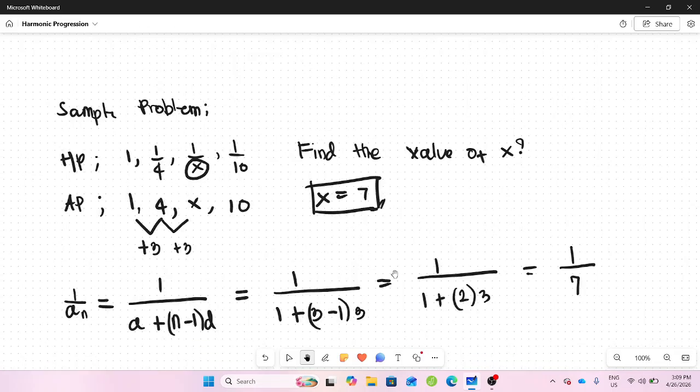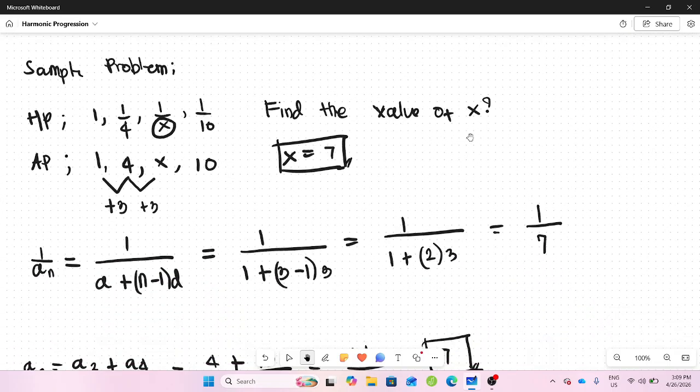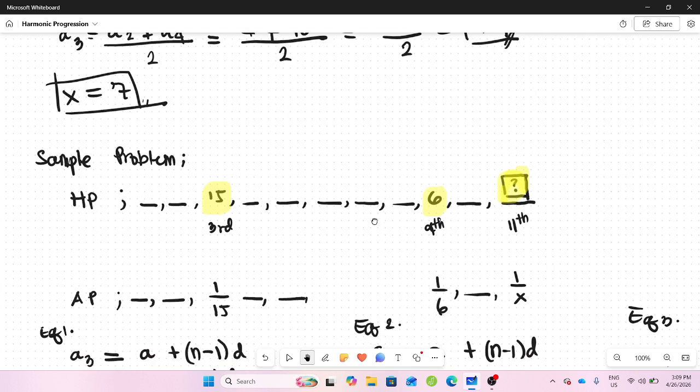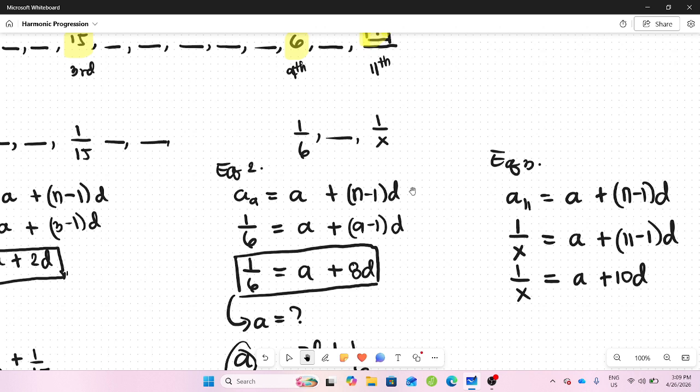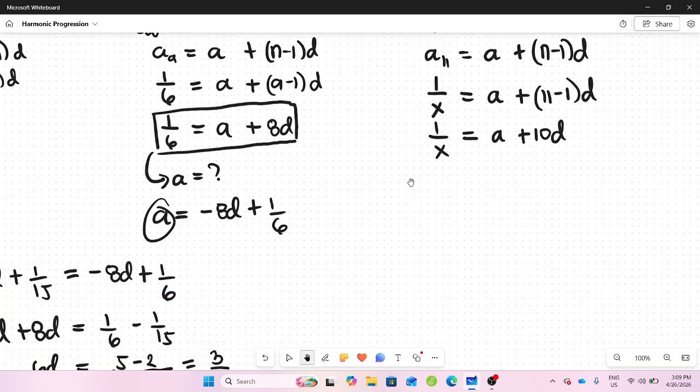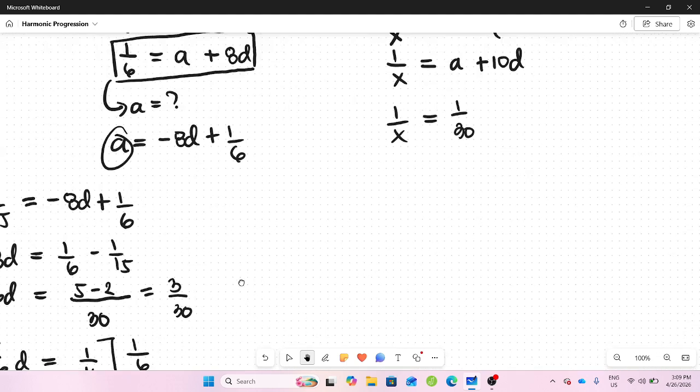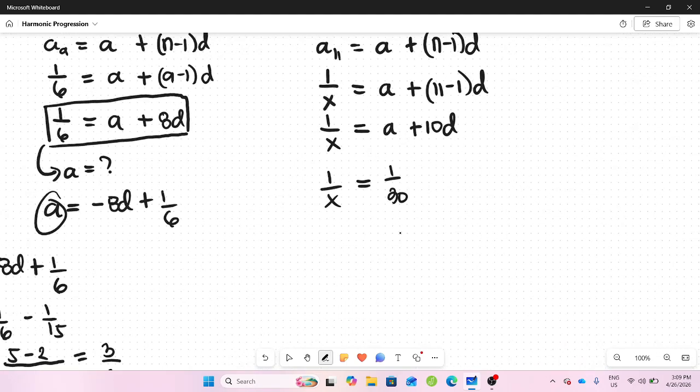What is the value of the 11th term? Okay, let's do this one. So we have here 1 over x. Well, a is actually 1 over 30, plus 10, well, our d is actually 1 over 60.